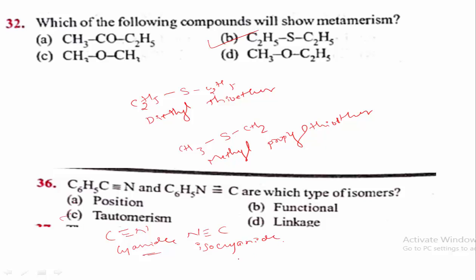Remember, C triple bond N is the cyanide group and N triple bond C indicates the isocyanide group. There are two different functional groups present in the isomers. Therefore, functional isomerism is exhibited by this type of isomers. Yes, option B is the right answer.